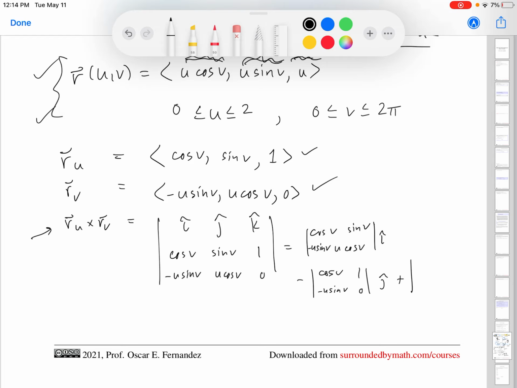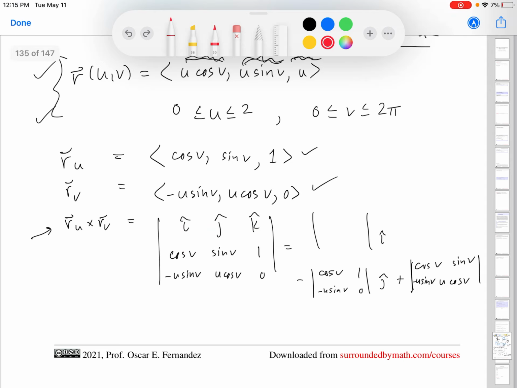and I noticed, let's see, in the i hat term, I put, actually this is the j hat, this is the k hat term, so I'll put this over here. The i hat term is obtained by deleting this column and this row.